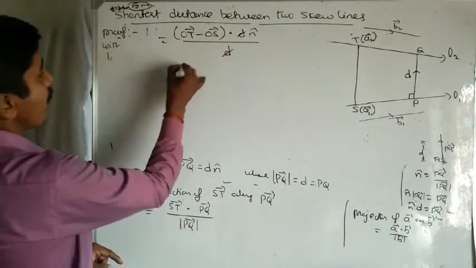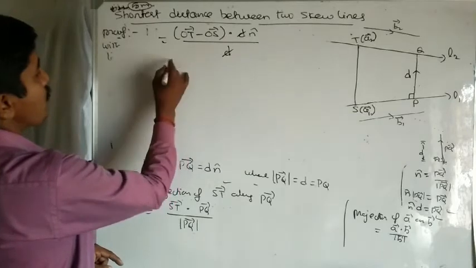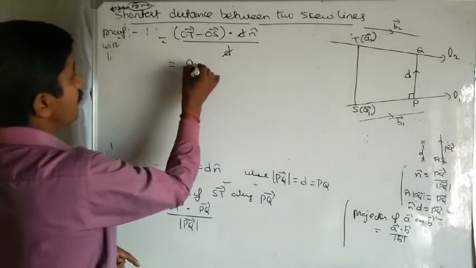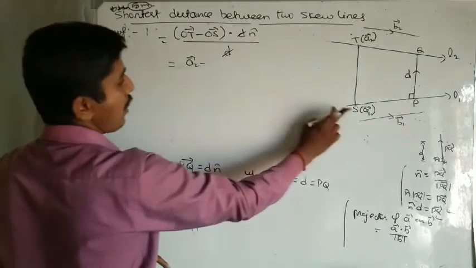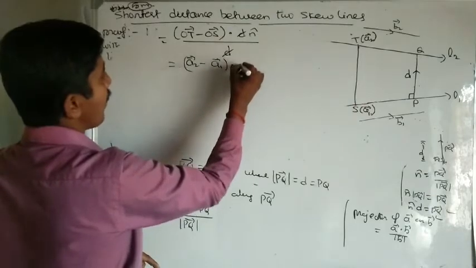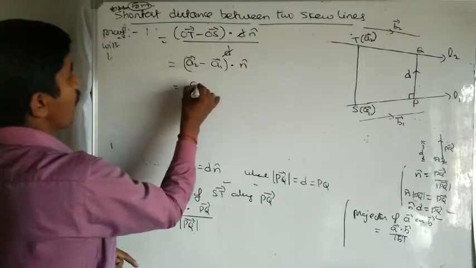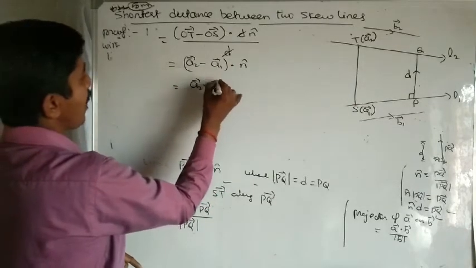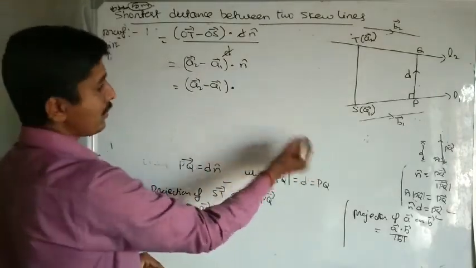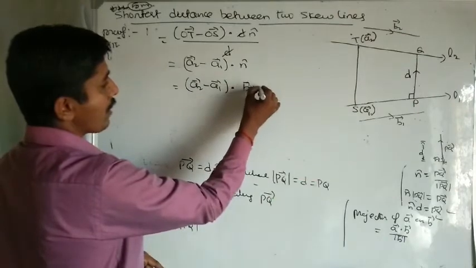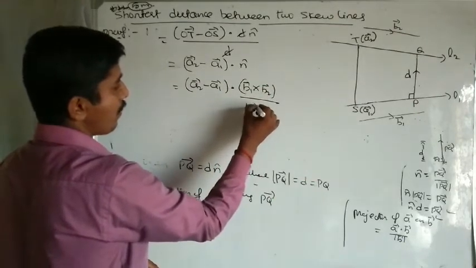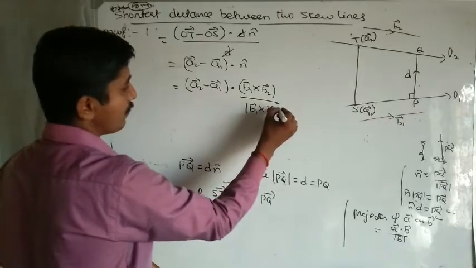Substituting vector OT as vector A2 and vector OS as vector A1, we get vector A2 minus vector A1 dot n cap, where n cap is vector B1 cross vector B2 divided by the magnitude of vector B1 cross vector B2.